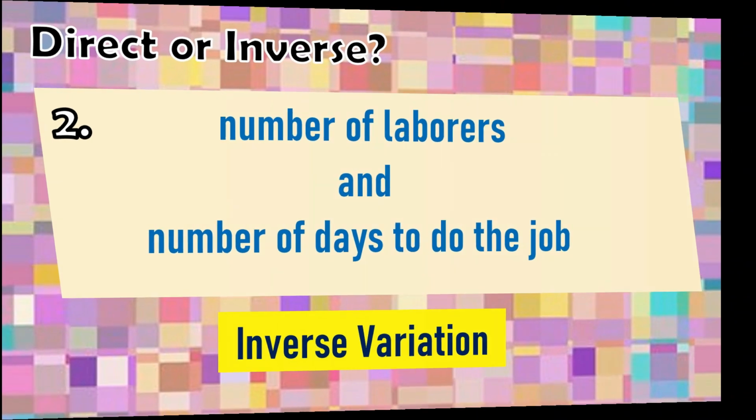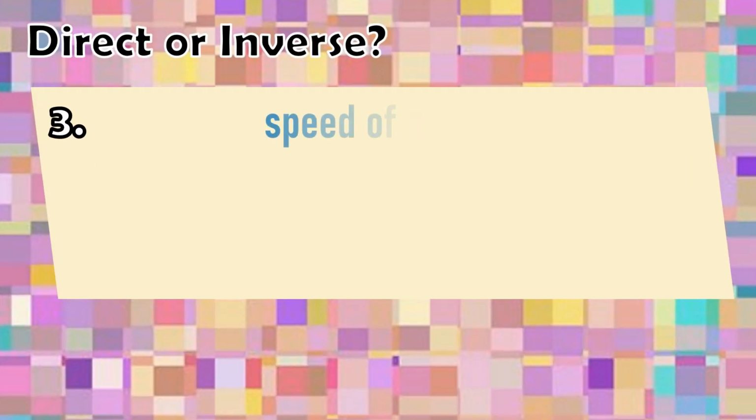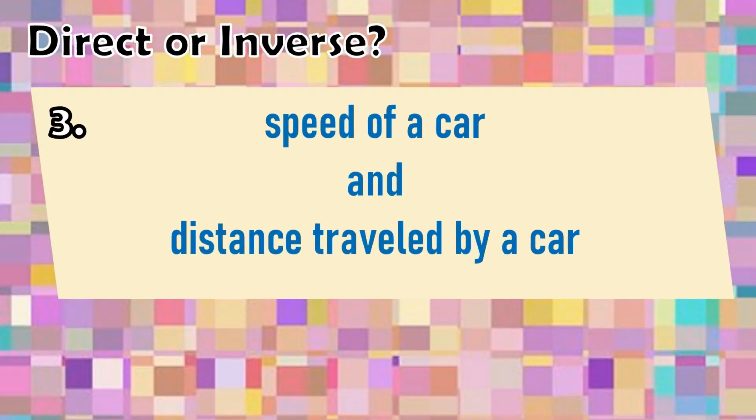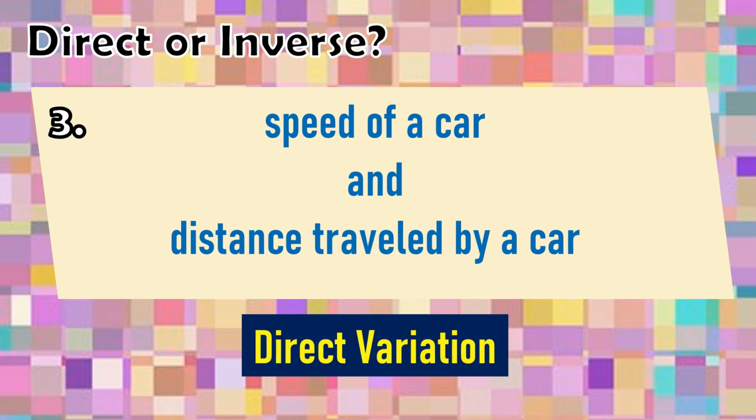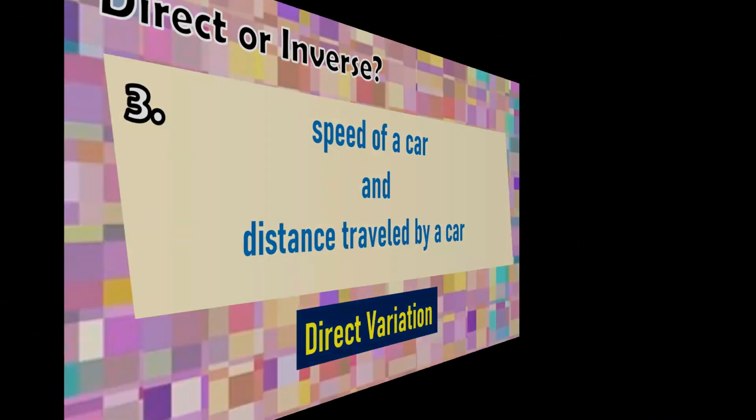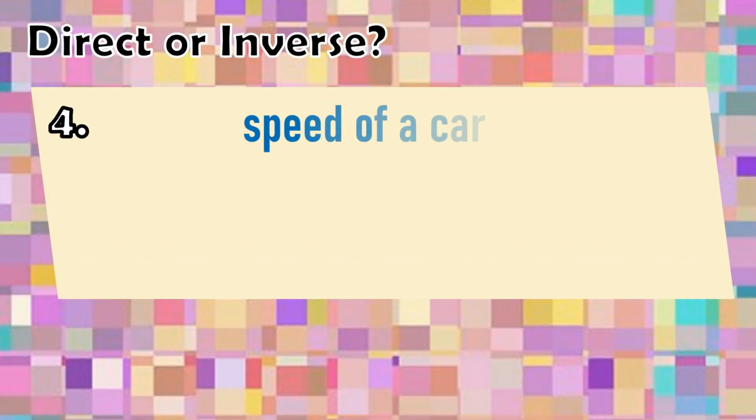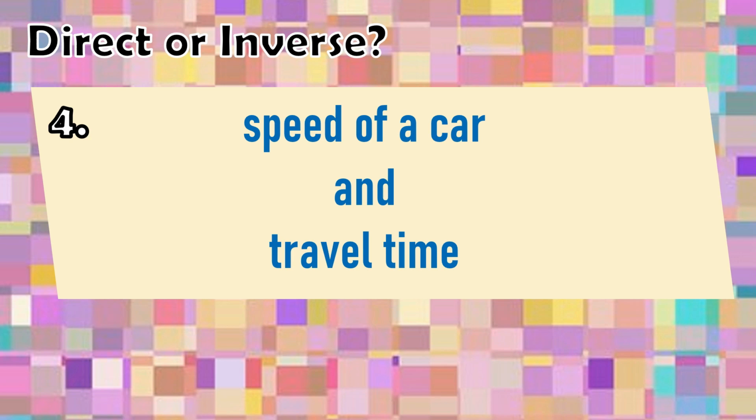Number 3. The speed of a car and the distance traveled by a car. You got it right. That is direct variation. Number 4. The speed of a car and the travel time. You're correct.